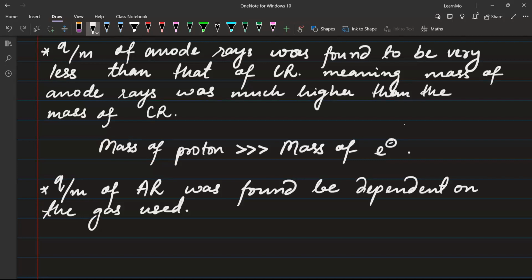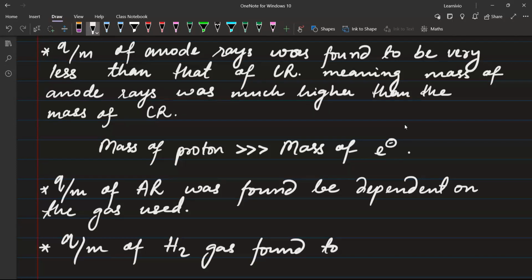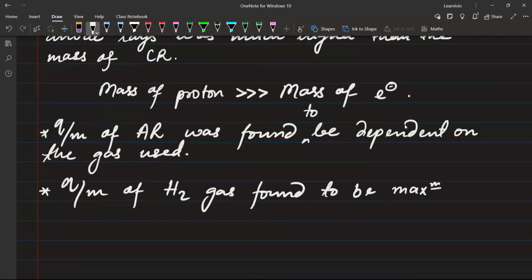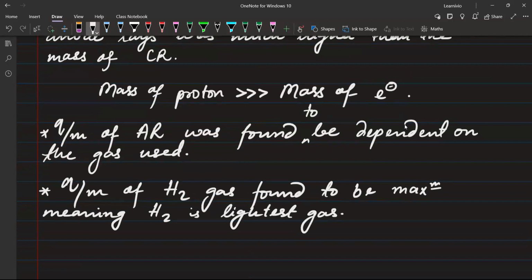As we used heavier and heavier elements, the charge to mass ratio got lesser and lesser. So the next point: the charge to mass ratio of H2 gas was found to be maximum, meaning H2 is the lightest gas. Hydrogen is the lightest gas.